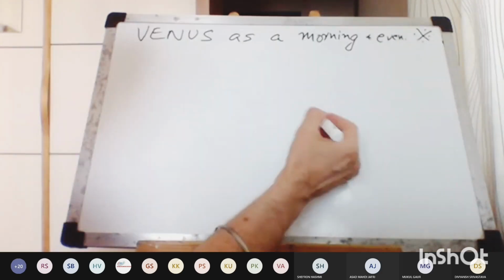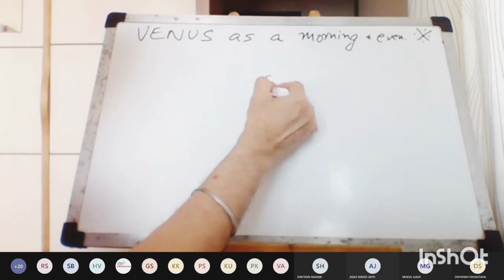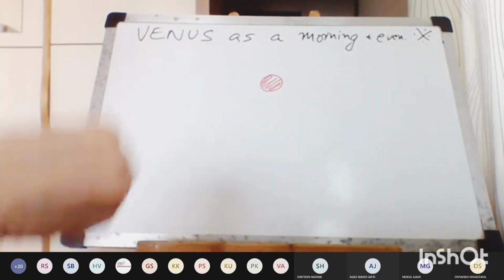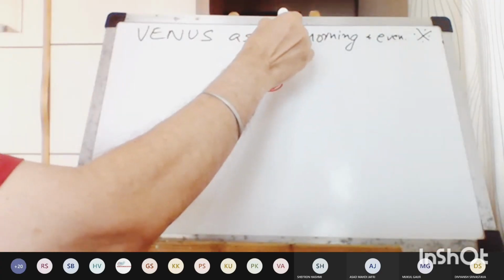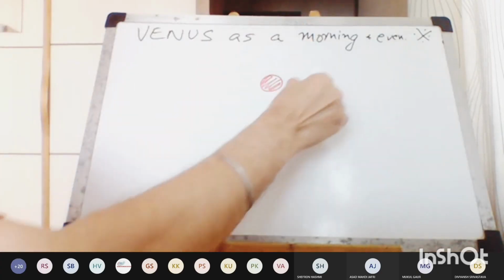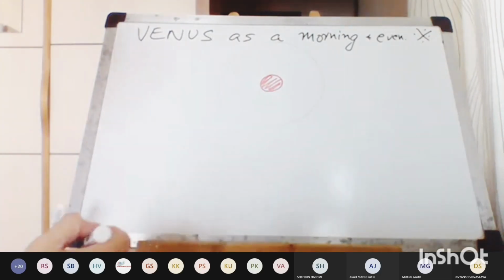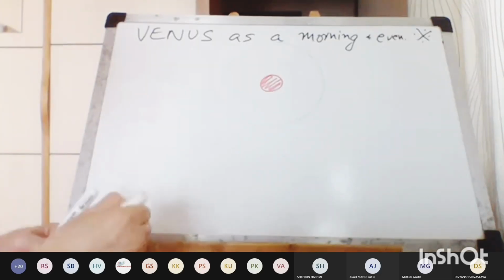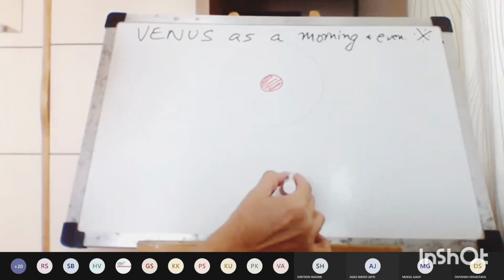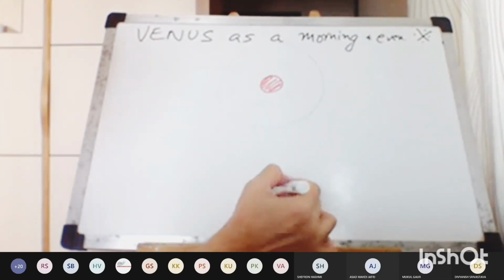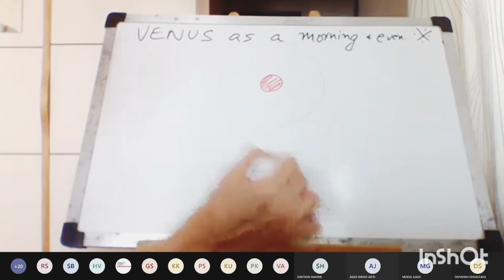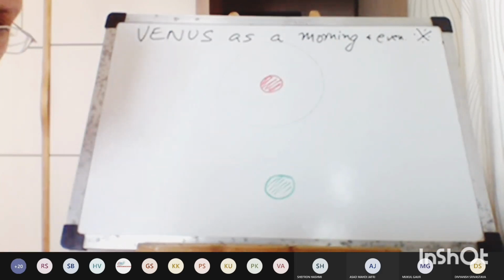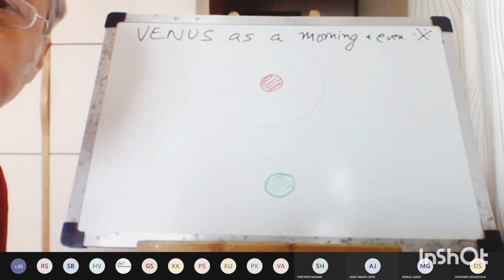So there is the sun over here. There is the path of Venus. And there is Earth over here. Let me just have a look at the diagram to see whether I have drawn correct or not.